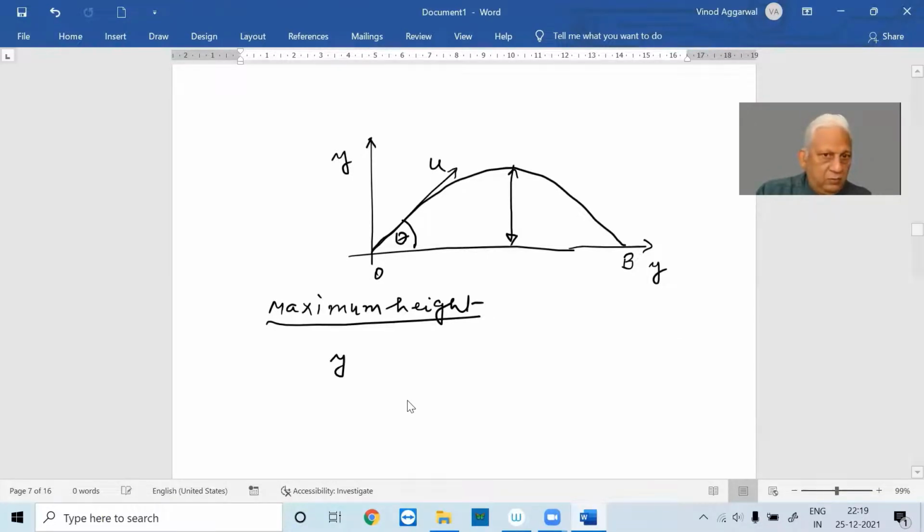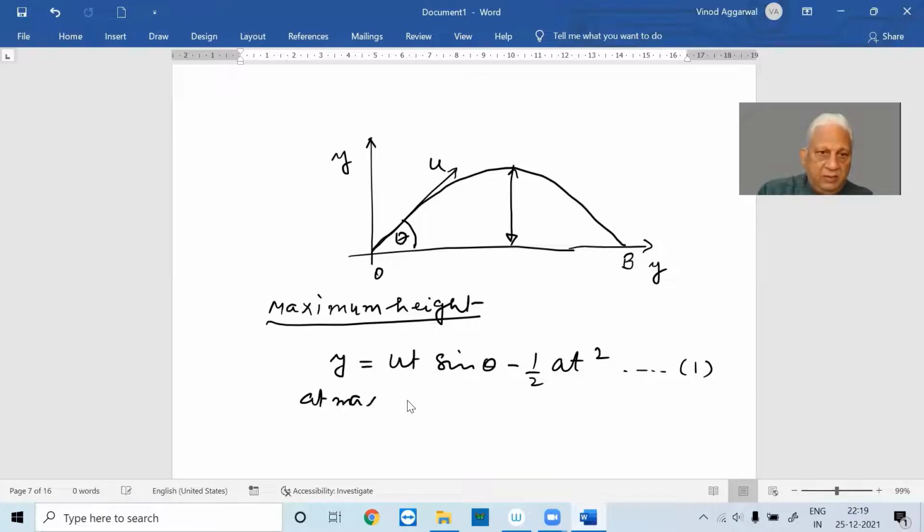We know distance traveled in y direction is equal to u t sin theta minus half g t square. Okay, let's say this is equation 1.